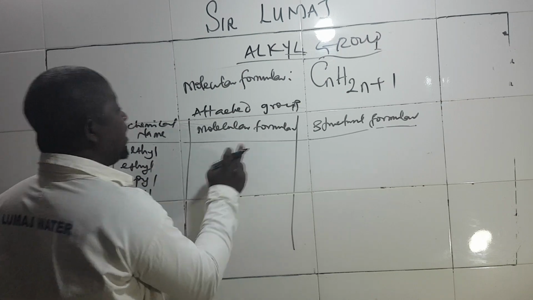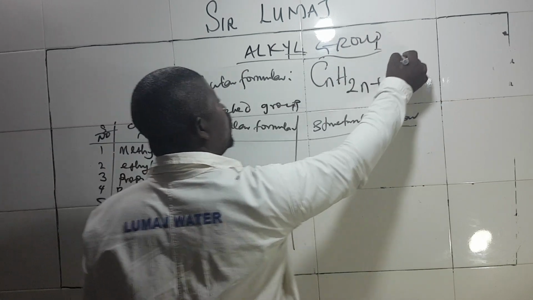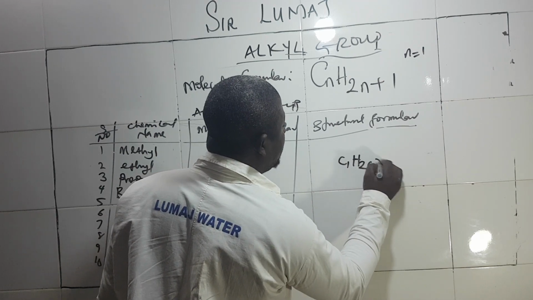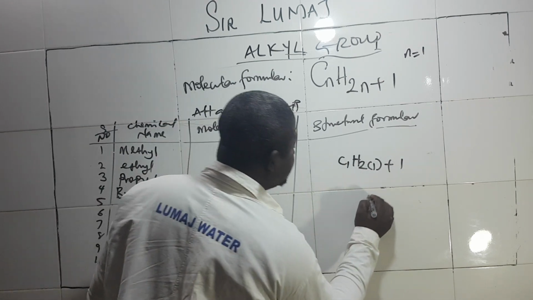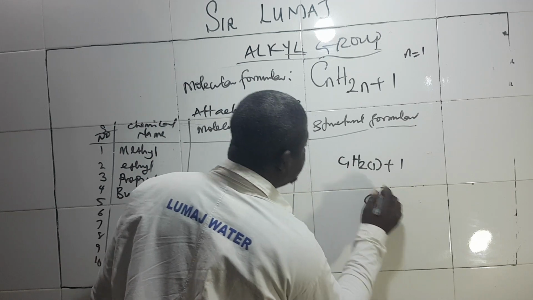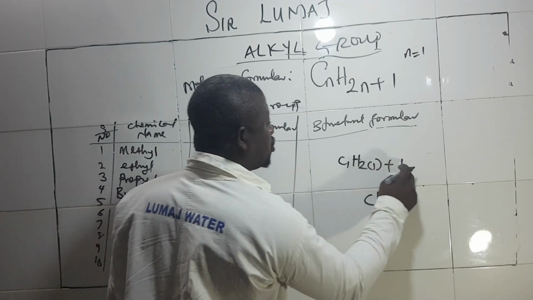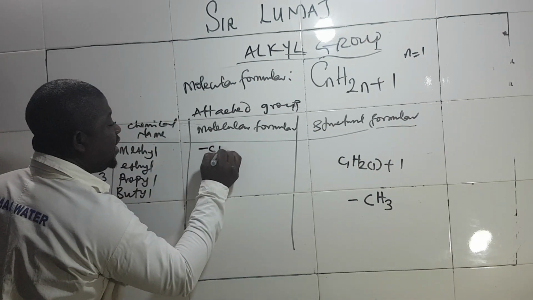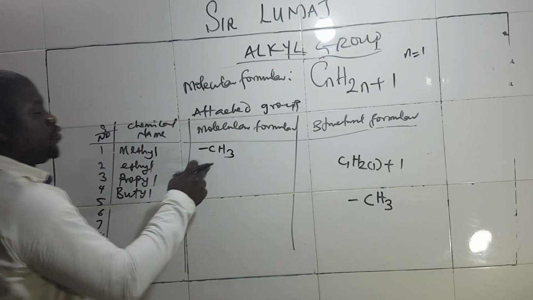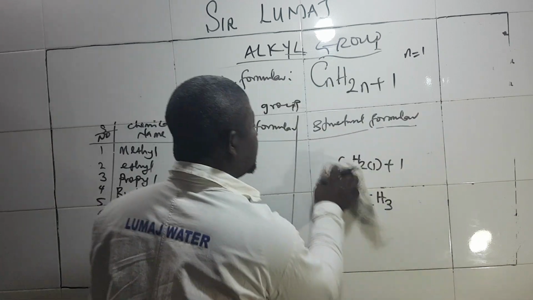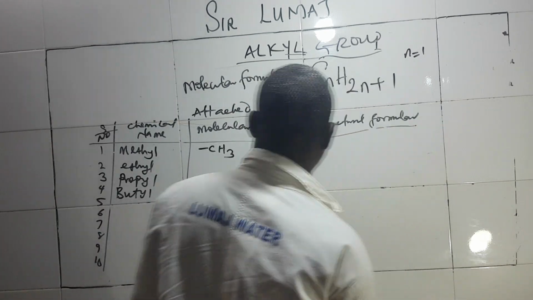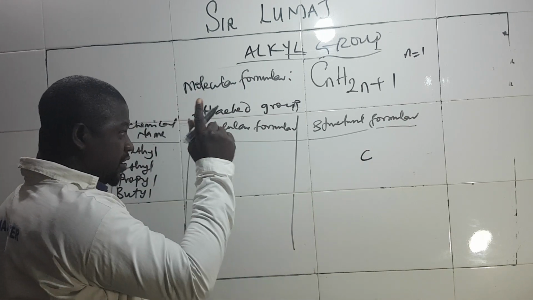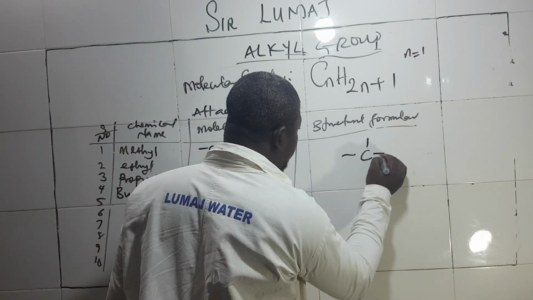So for the molecular formula, when n is equal to 1, we are going to have C1 H(2 times 1 plus 1). So that will be what? CH 2 times 1, 2, plus 1, 3. So this is now CH3. If you want to write the structural formula of this, it can easily be written as C. Don't forget the law of tetravalency: 1, 2, 3, 4.